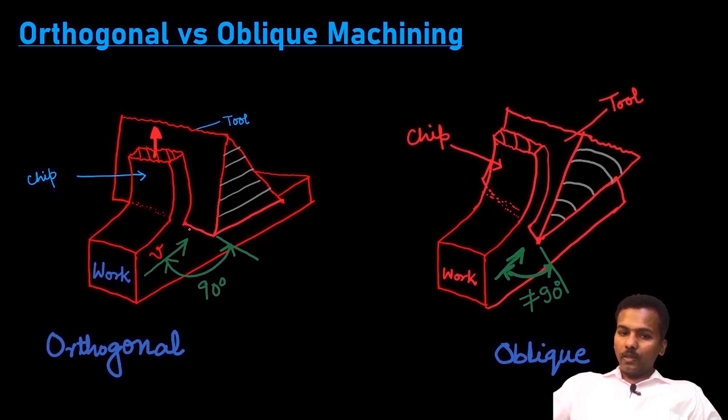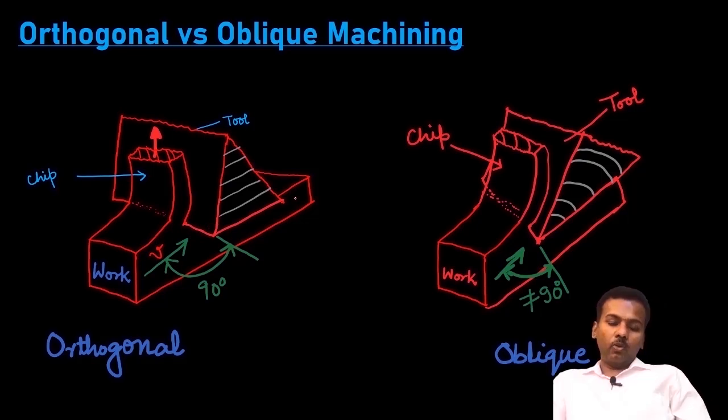The motion of the chip particles as well as the workpiece particles moves in a parallel plane. Why? Because there are only two forces involved that lie in the 2D plane. There is no third force component normal to this 2D plane, that is, the screen.